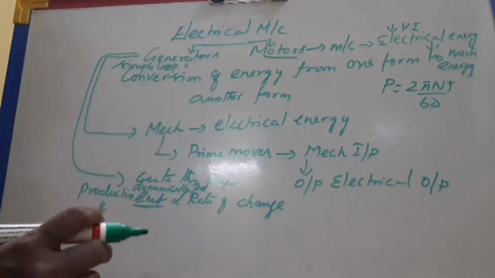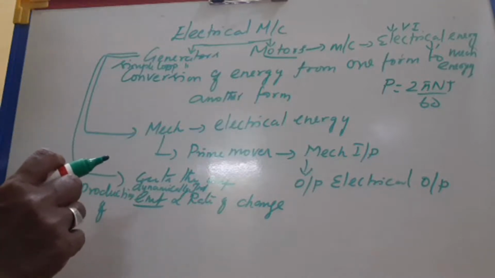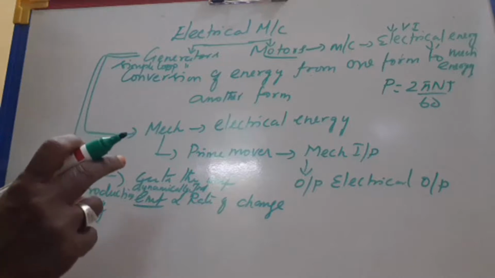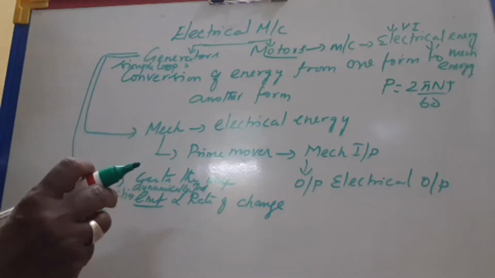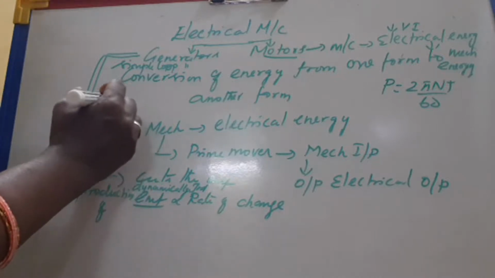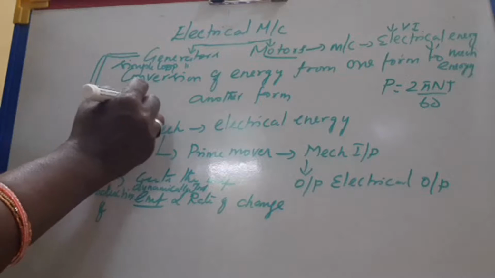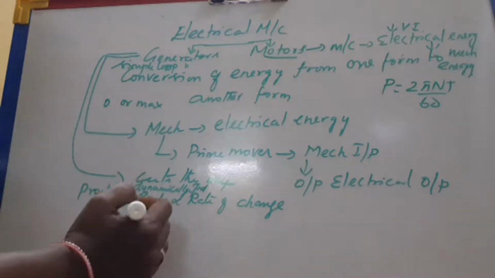Wherever the conductor cuts the flux, EMF is induced. Based on the position of the conductor, the induced EMF will be zero or maximum. The direction of the induced EMF is determined by Fleming's right hand rule.